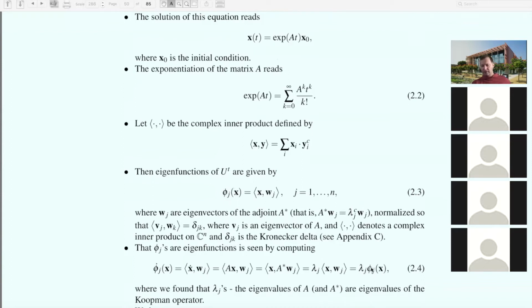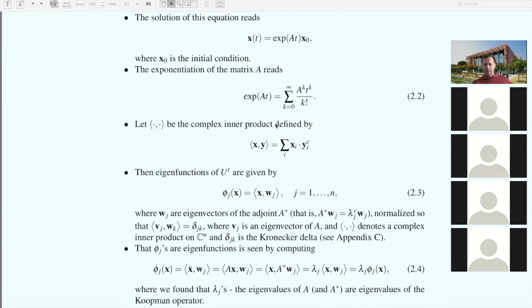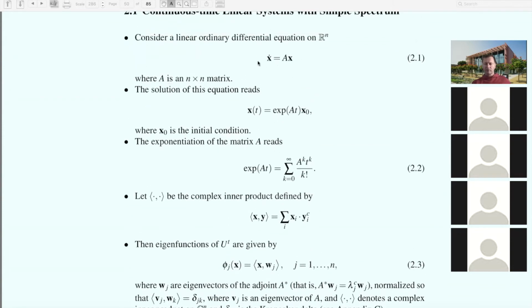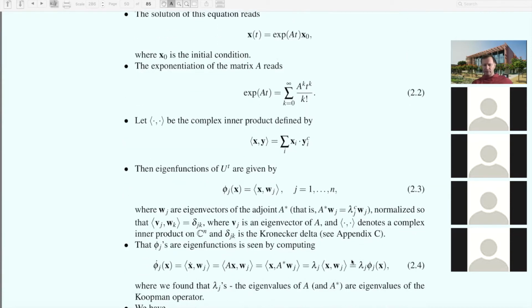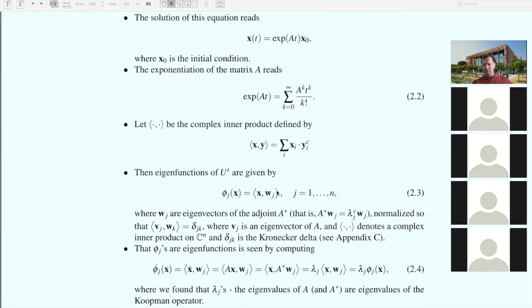So that's lambda_j phi_j, and I get my equation: phi_j dot is lambda_j phi_j. I just proved that this linear function here is indeed an eigenfunction of the Koopman operator associated with the eigenvalue lambda_j. In other words, Koopman eigenfunctions for this linear system are complex inner products between x and the left eigenvectors of A, or rather the eigenvectors of the adjoint.